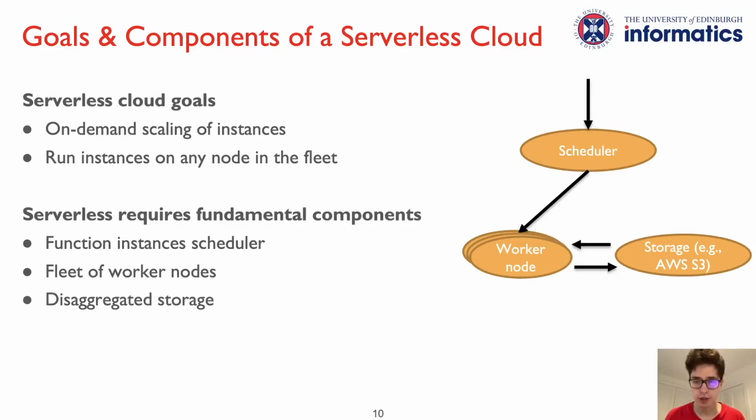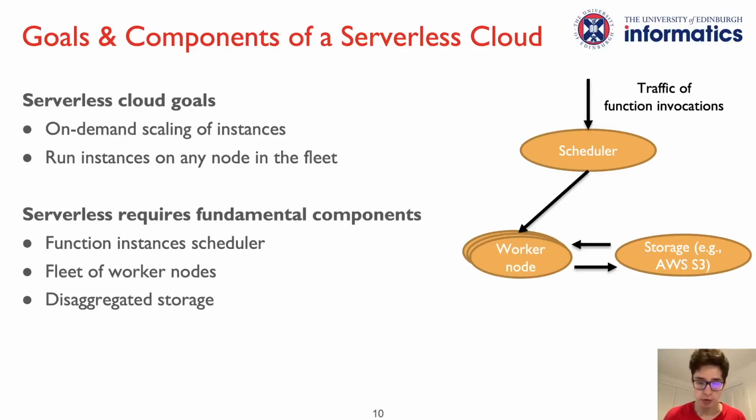Our key observation is that serverless clouds feature the following fundamental components, all of them, namely the cluster scheduler that is on the way of all incoming invocations, selecting or spawning the appropriate instance for each function invocation if necessary.